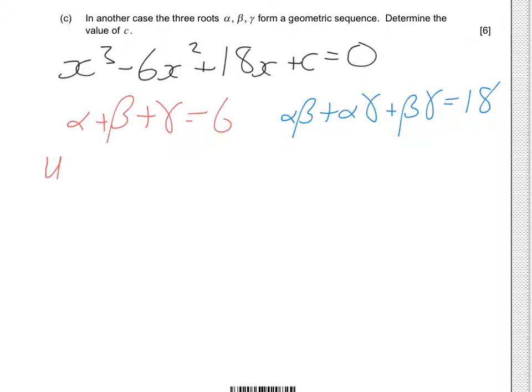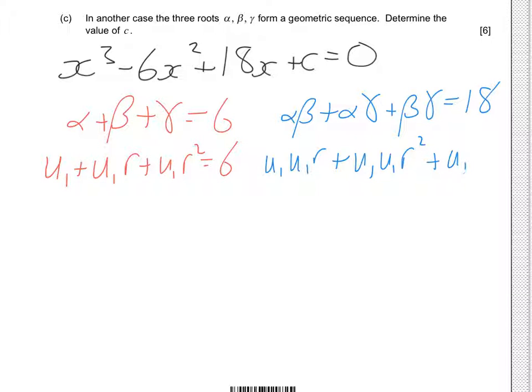So we've got, in the first one, u1 plus u1r plus u1r squared equals 6. And here we've got u1 times u1r plus u1 times u1r squared plus u1r times u1r squared equals 18. So you can see this blue one's going to simplify: u1 squared r plus u1 squared r squared plus u1 squared r cubed equals 18.